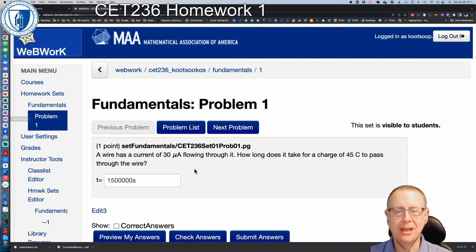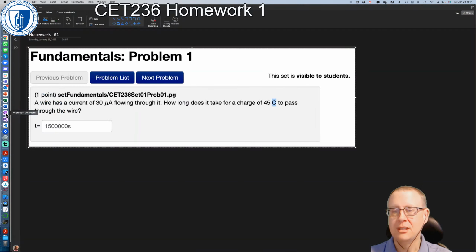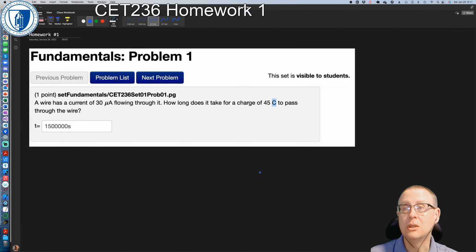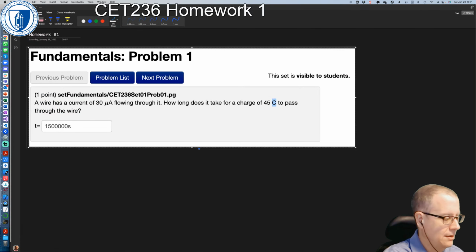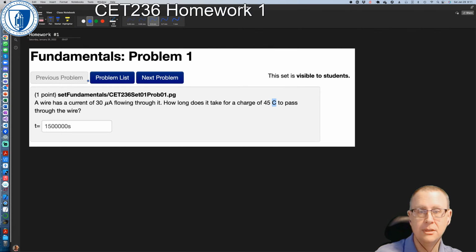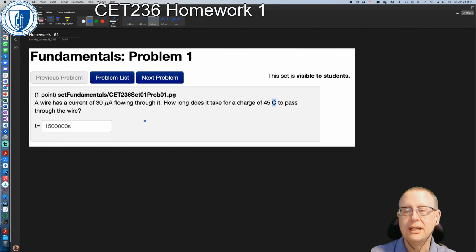Okay, so let's just have a look. We've got 30 microamps and 45 coulombs. Let's turn that around. There we go. So we have 30 by 10 to the minus 6, and that's amperes, which is equal to 30 by 10 to the minus 6 coulombs per second.